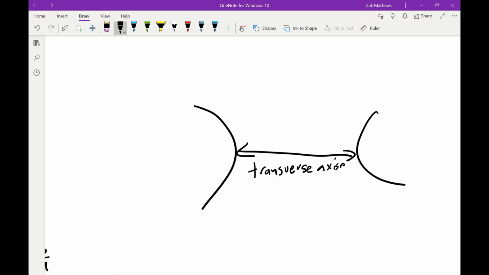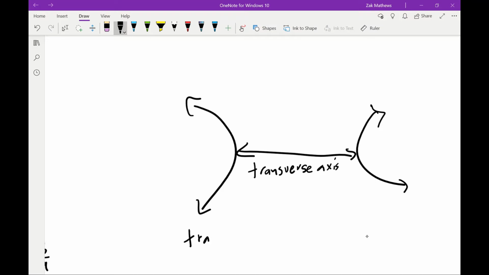With our hyperbolas, we are going to have a transverse axis, and so this is another way we can differentiate a hyperbola and an ellipse. Hyperbolas have transverse axes along with conjugate axes. We'll talk about those in just a second. Ellipses had major and minor. So the transverse axis is equivalent, kind of, to that major axis.